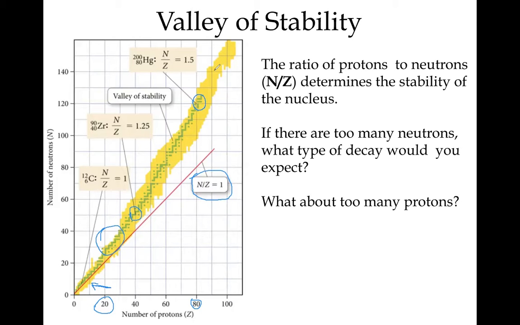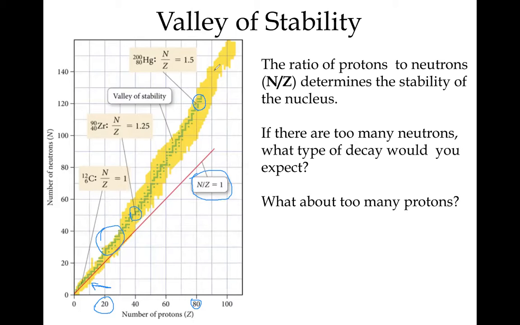And so if there are too many neutrons, what type of decay could we predict? And conversely, if there are too many protons, what kind of decay would we predict would be the outcome? Well, the type of radioactivity emitted by a nuclide depends, at least to some extent, on this N/Z ratio.